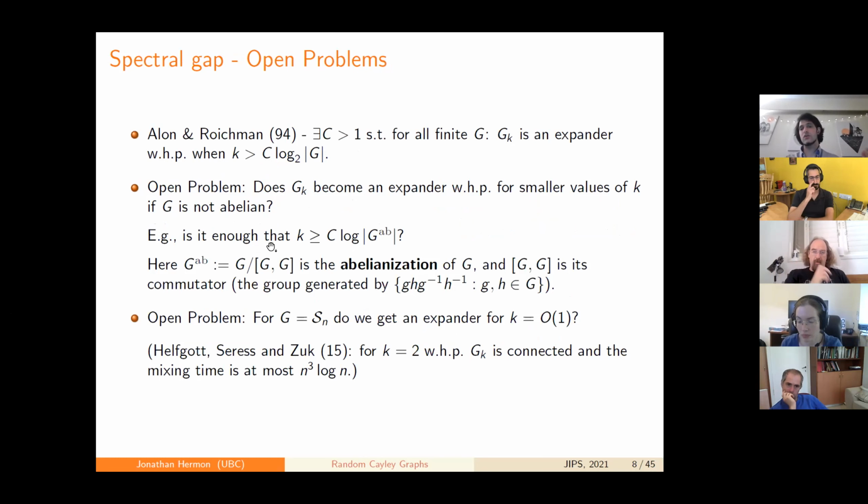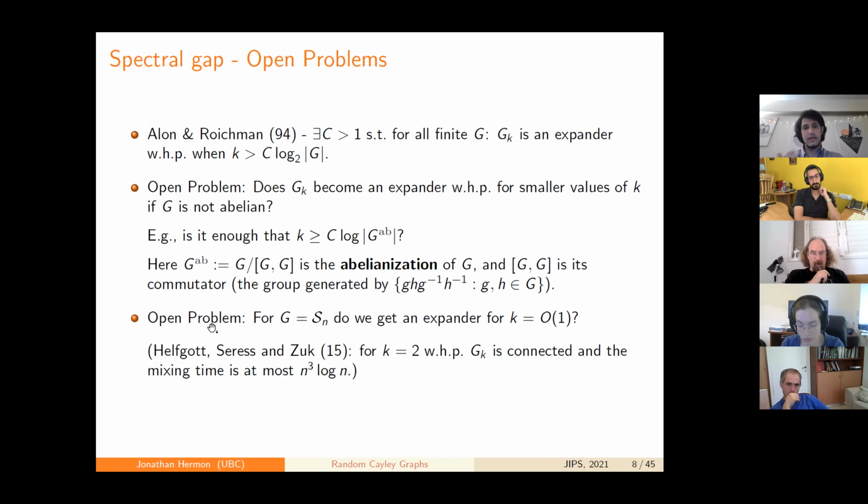One particular formulation can be, maybe it's enough for K to be logarithmic not in the size of the group, but in the size of the abelianization of the group, where for a group G, the abelianization is the quotient of G by the commutator subgroup. This is always an abelian group. It's the largest abelian quotient of G.